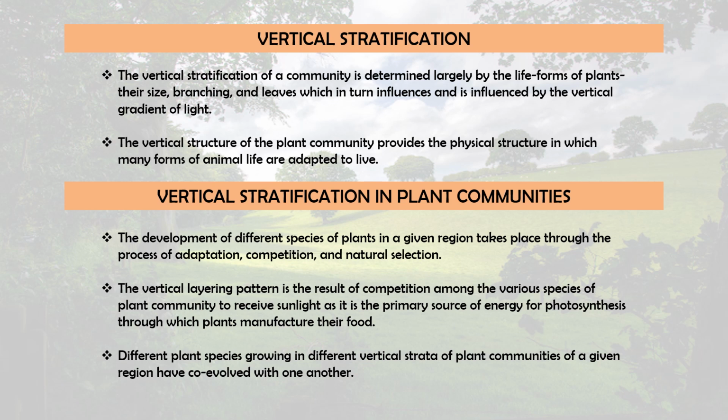That means it simply says that the growth of plants mainly depends on sunlight, and due to competition, there is growth of plants according to their size and how they will branch out. So light is the determining factor in this vertical stratification.